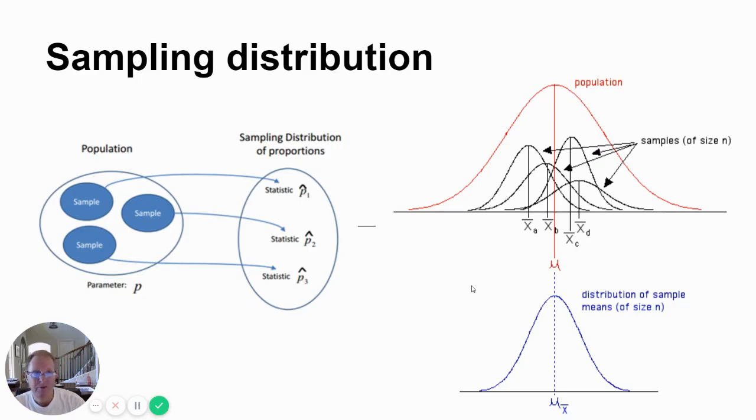On the right side we do the same thing for mean. Suppose the red graph is the distribution of the population, and I'm going to take every possible sample of the same size, and for each of those samples I'm going to calculate an x bar. Then I want to calculate the average of all of my x bars. That's the symbol mu with the subscript x bar.